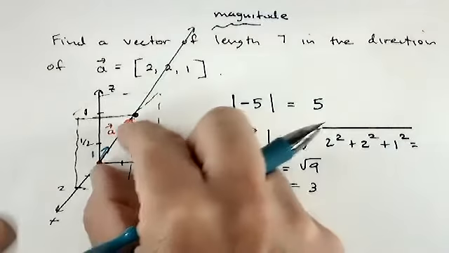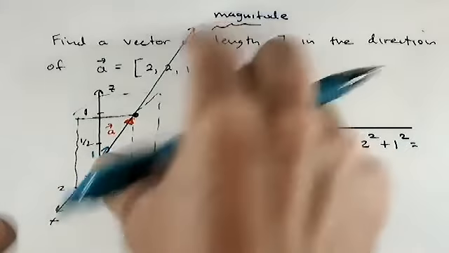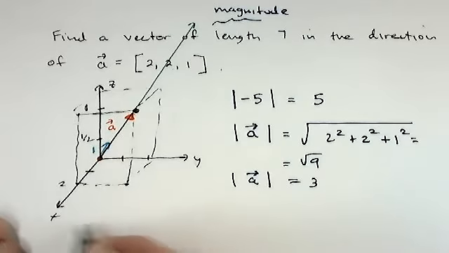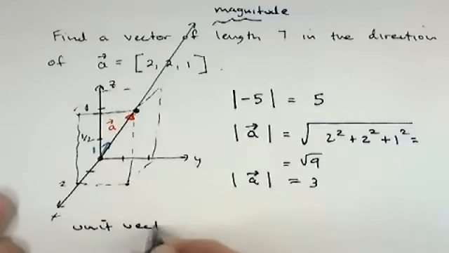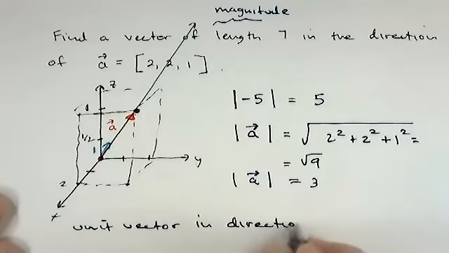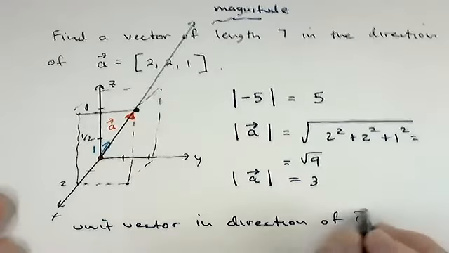First I make it a unit vector, then I can stretch it out to whatever length I want by just multiplying by that number. So I'll put unit vector in the direction of A.